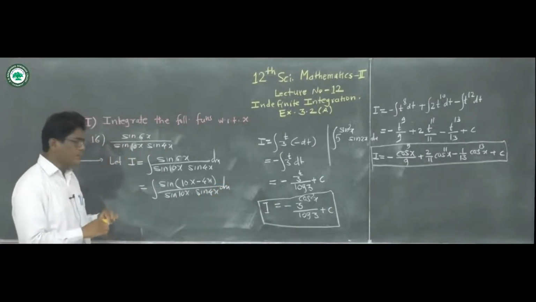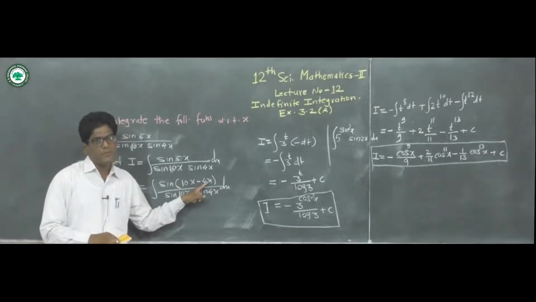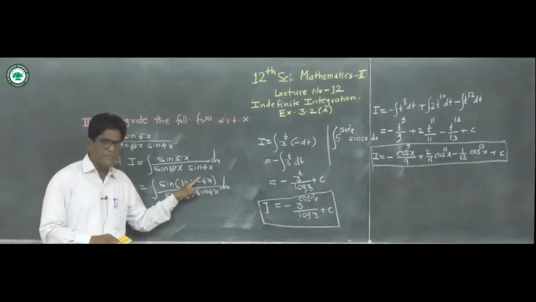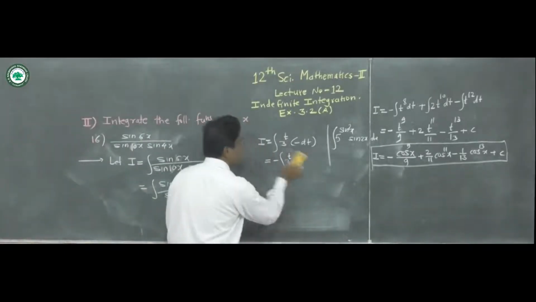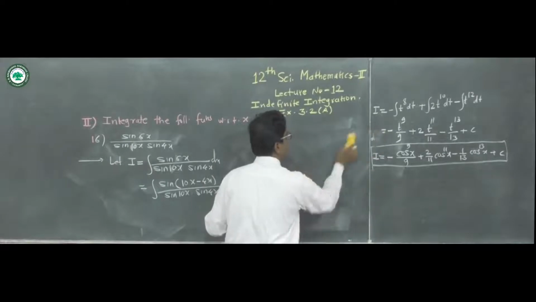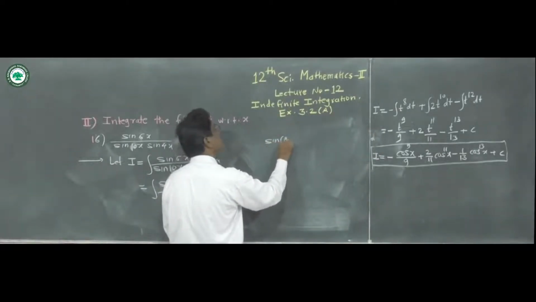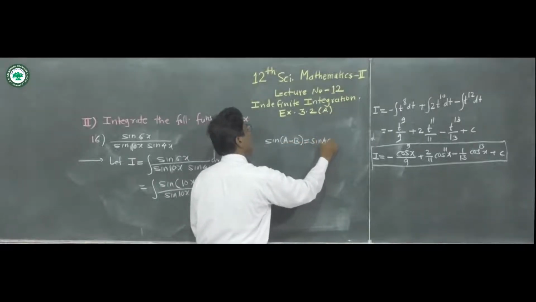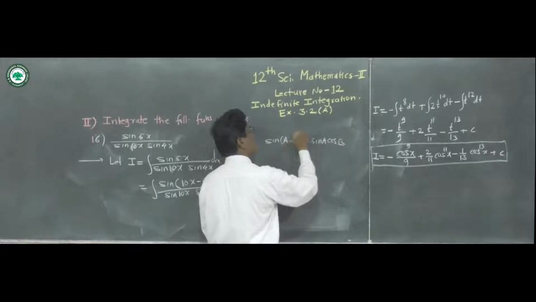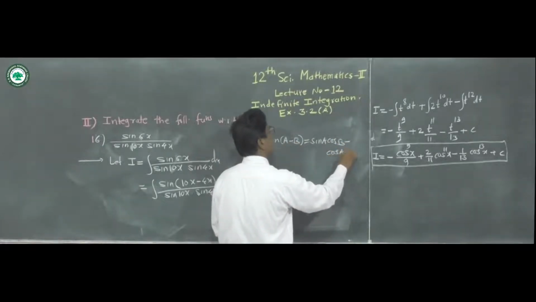And now in the numerator, use the formula sine of a minus b. What is the formula for sine of a minus b? It is equal to sine a cos b minus cos a sine b. Sine of a minus b is equal to sine a cos b, if here minus sign, here also minus, minus cos a sine b.